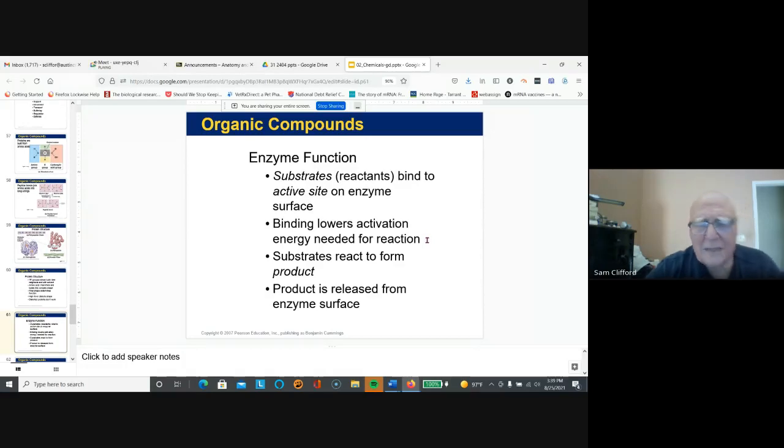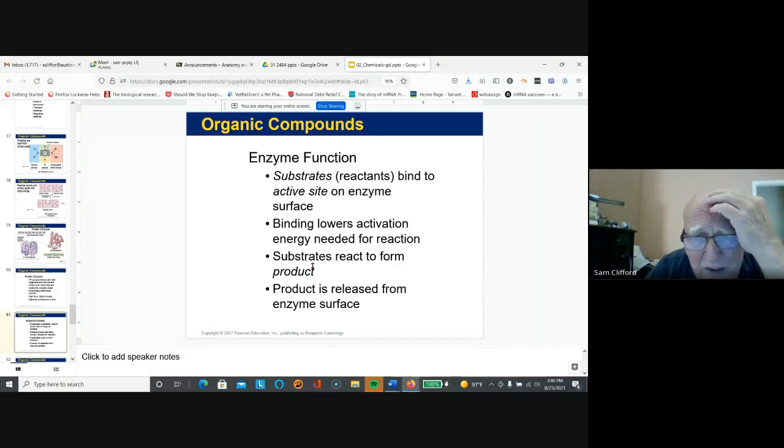Okay. Enzymes are also proteins. They have what's called an active site. At the active site, when a compound binds, that determines what function or what chemical reaction the protein will catalyze. The result of an enzymatic reaction is a product.